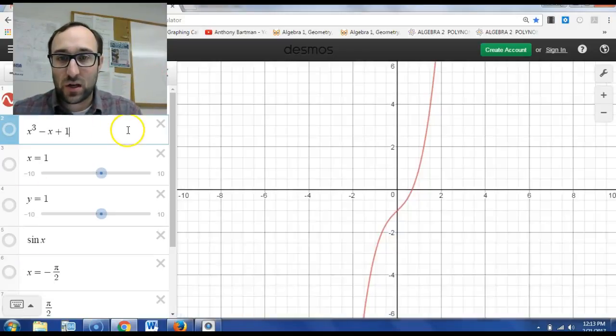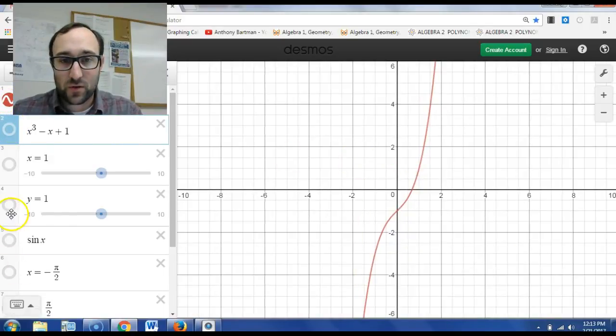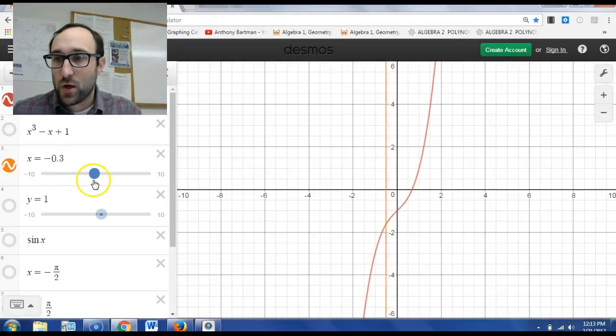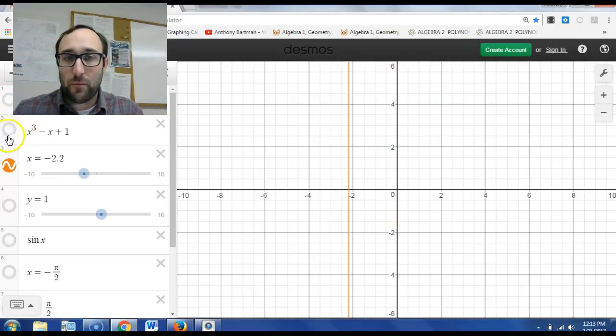So let's get a couple of examples here. Let's look at this one first. First of all, is this a function? Using the vertical line test, as we go this way, yes, it passes the vertical line test because it only crosses at one point. Okay, good, so that one is a function.